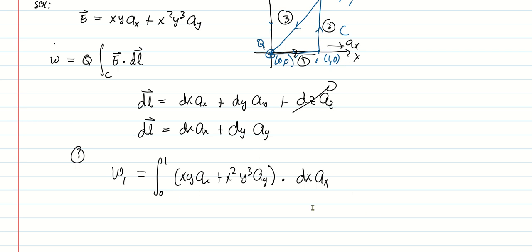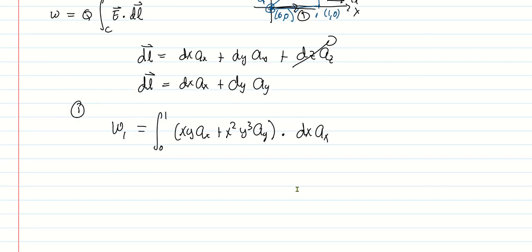Then we take the dot product, you can distribute that. ax dot ax is equal to 1, ay dot ay is equal to 0. And we can calculate for the energy now. So this will be just equal to x times y times dx from 0 to 1.